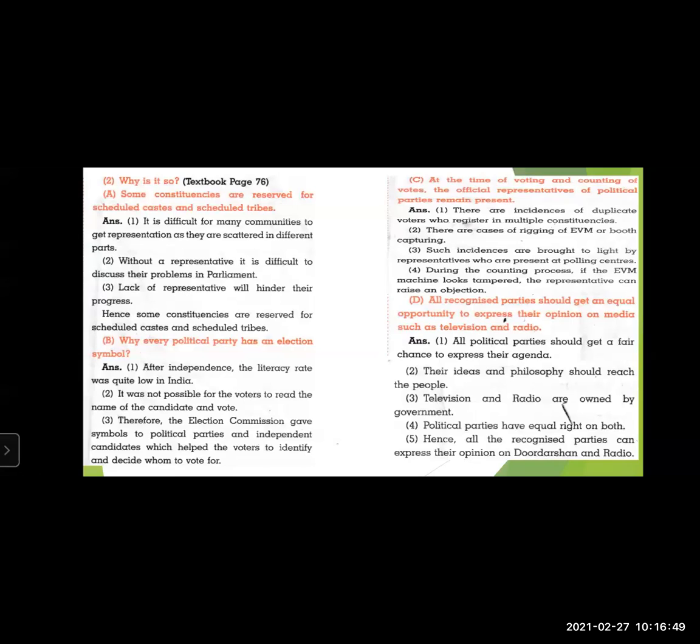Now, during the counting process, if the EVM machine through which the voting has been done looks tampered, or any kind of damage or unauthorized alteration has been done to that machine, the representative can raise an objection. EVM is the electronic voting machine.